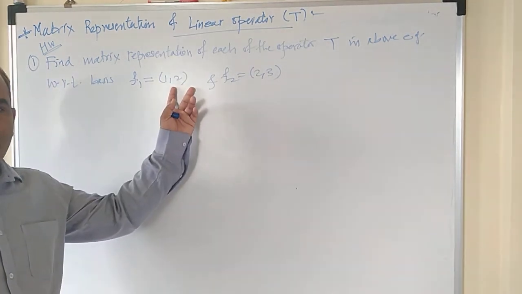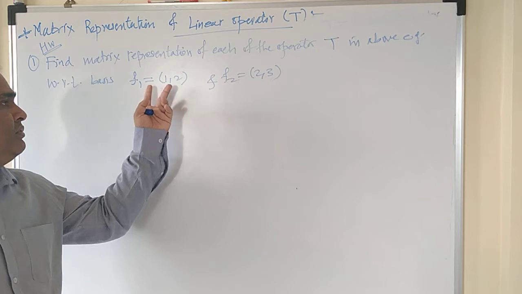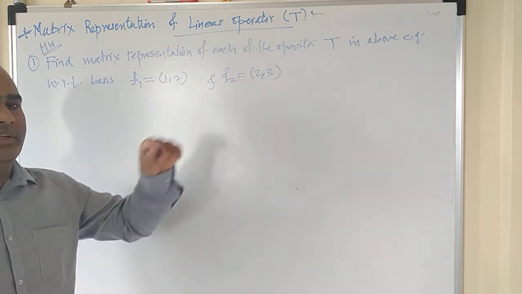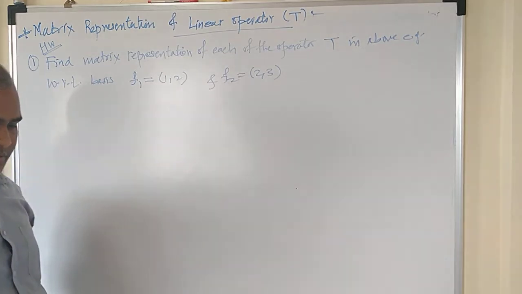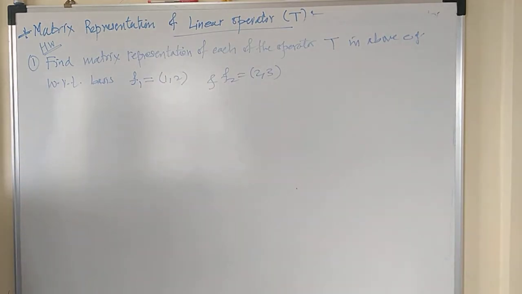Here the standard basis vectors are not given to you. The basis vectors are different, (1, 2) and (2, 3). So these are the values of x and y, that's all, right? And you are asked to find the matrix representation of each of the operator, right?